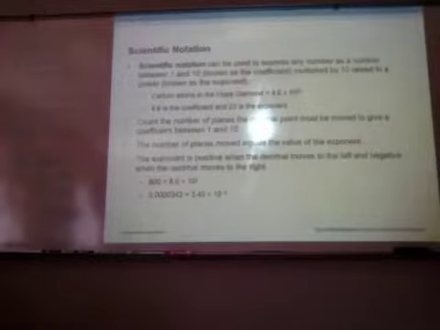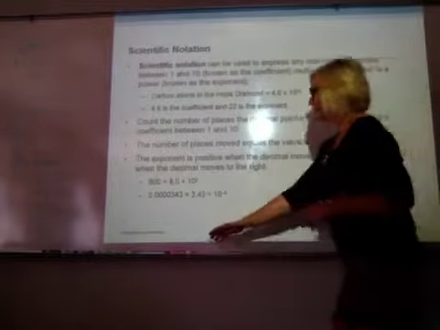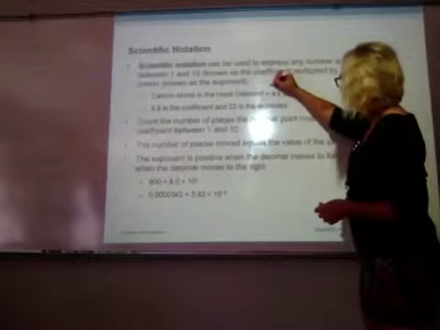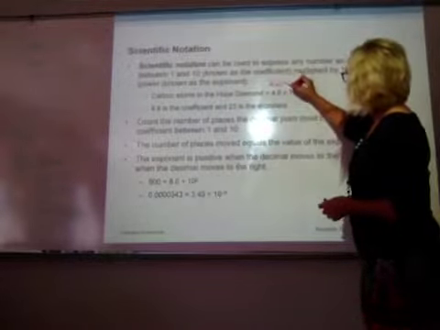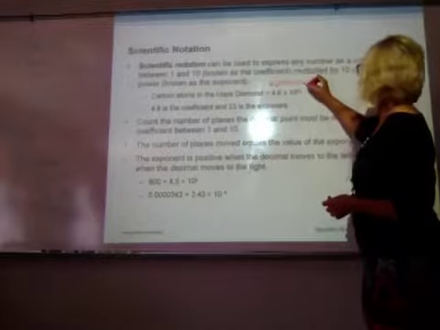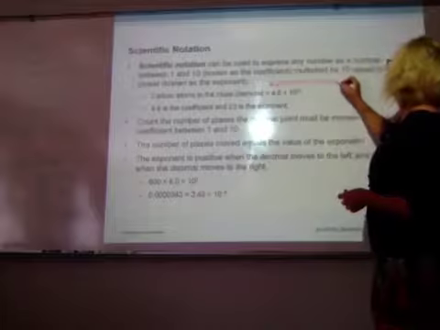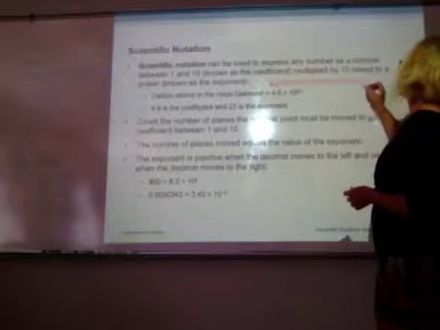The good thing about these is they take huge numbers. So if I actually have 4.6 times 10 to the 23rd, I have 4, 1, 2, 3, 4, 5, 6, 7, 8, 9, 10, 11, 12, 14, 15, 16, 17, 18, 19, 20, 21, 22, 23.